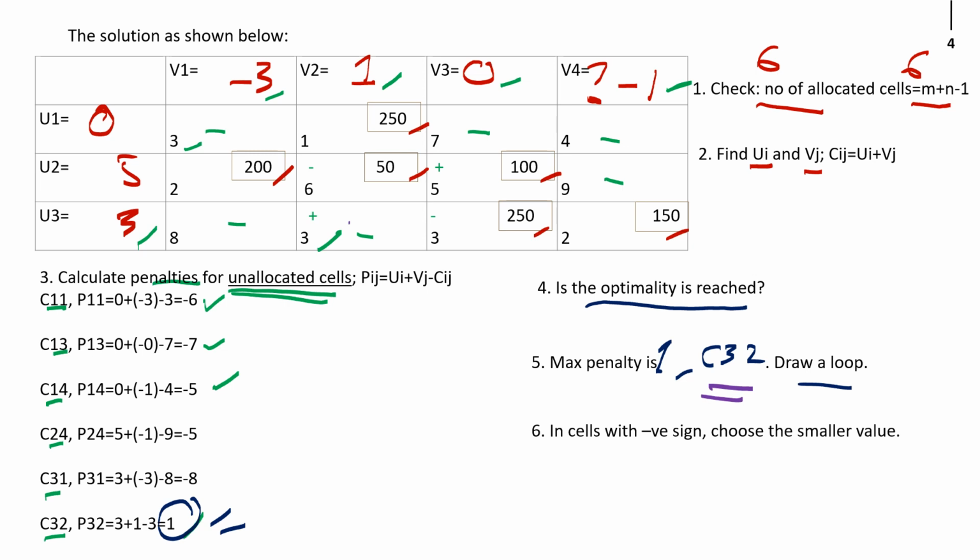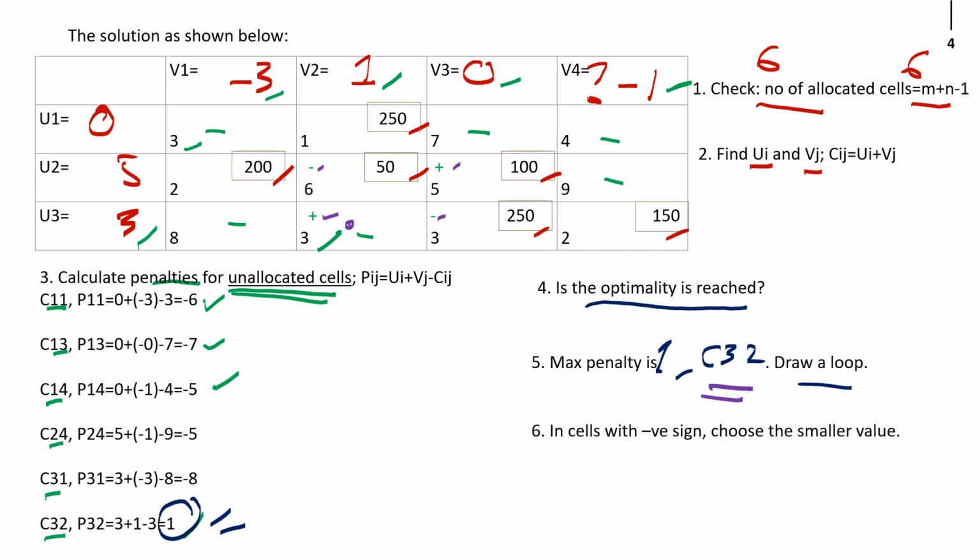Okay. For this cell, we put plus here. The next cell minus, plus, minus. Okay, the movement, as I told you, must pass through the allocated cells only.